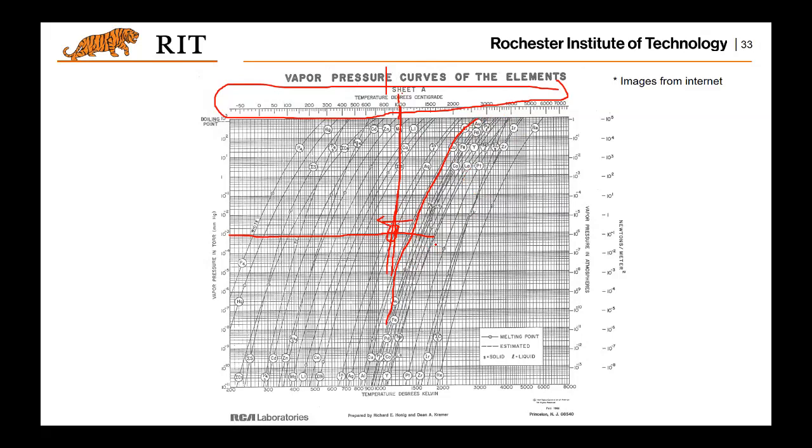You can do the same thing for other elements given a specific vacuum pressure as well as temperature, so that you can understand whether that element will vaporize under this condition or not. So this is the vapor pressure curve for the elements.